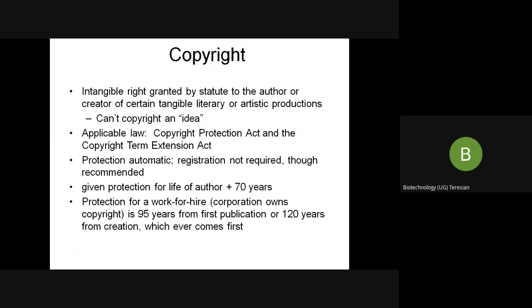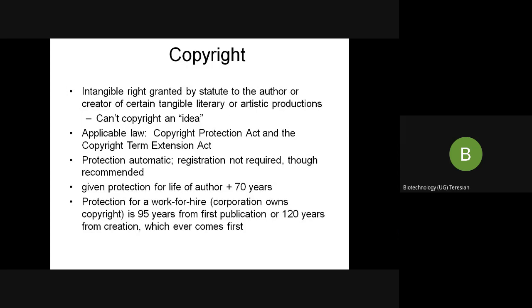And the protection is always automatic. Once you create a work, it is automatic that you acquire the copyright. There is no registration required, though it is recommended. Protection is given for the life of the author plus 70 years. As I told you before, the copyright can be a book or a recording or music or anything like this.